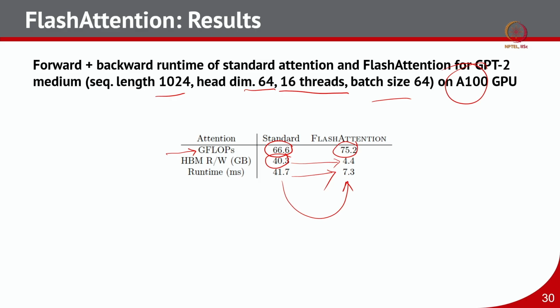Now, the moral of the story is, we might think that all these LLMs are all about computation. No, they are all about memory. Even if some algorithm, FlashAttention in this case, increases the computation by a small amount, they have done some optimization in the memory, so the memory access is very low, and as a result the runtime is now very low.